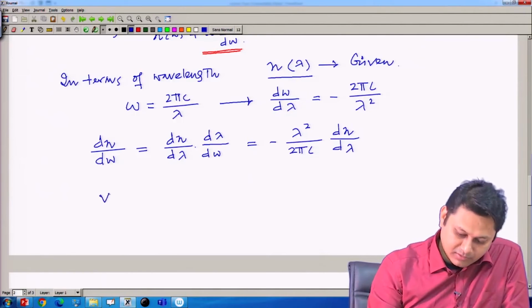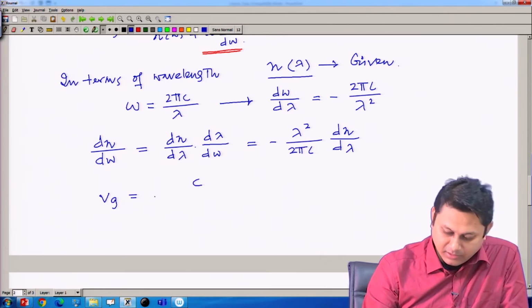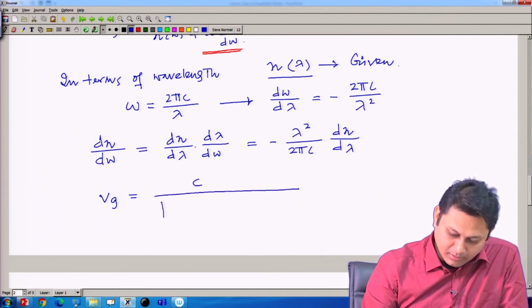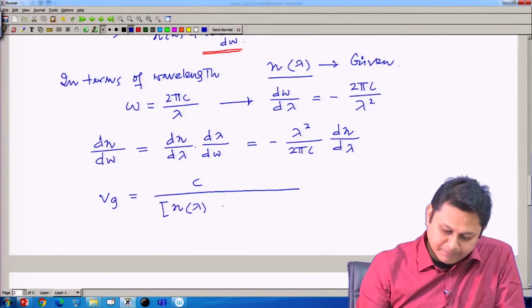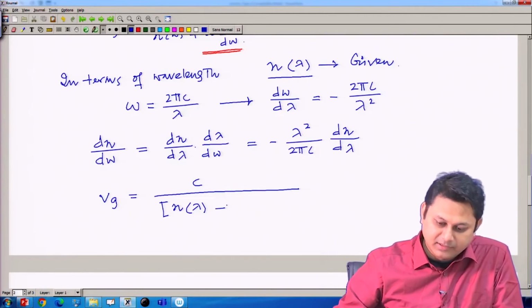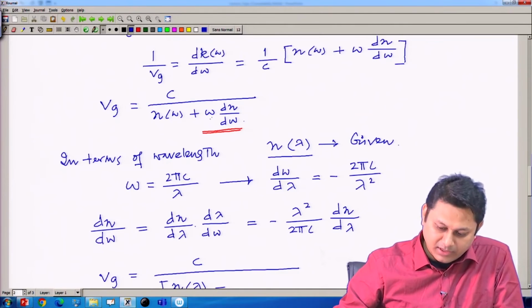And essentially Vg becomes c divided by, in the denominator I have n omega, so I replace it as n lambda, then I have plus omega here.